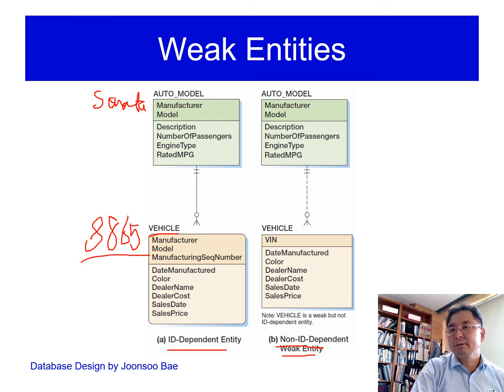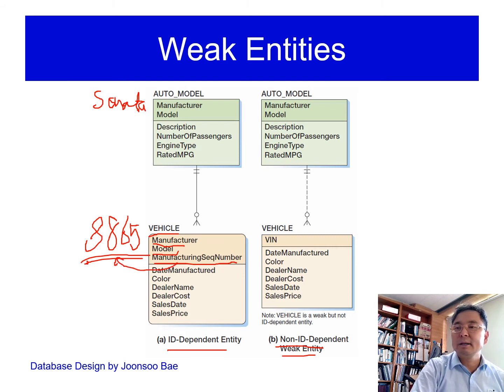In order to represent this vehicle, my car, we can include manufacturer Hyundai and the model is Sonata. Hyundai and Sonata are here, but the manufacturing sequential number is 8865.